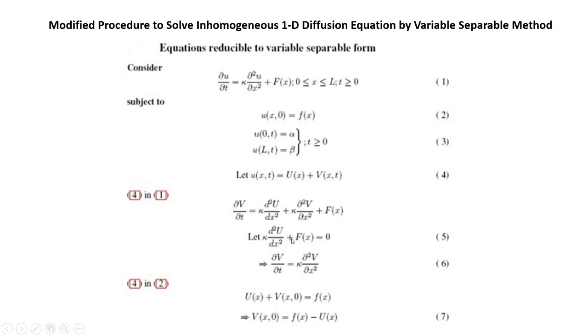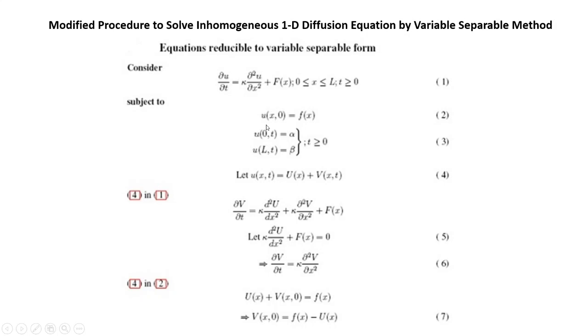When you do that, you are going to get two constants, and to get those constants we will get two conditions on U when we are trying to get the solution of equation 6. So now what we have to do is convert the initial and boundary conditions, which are in terms of small u, into conditions in terms of capital U and capital V.